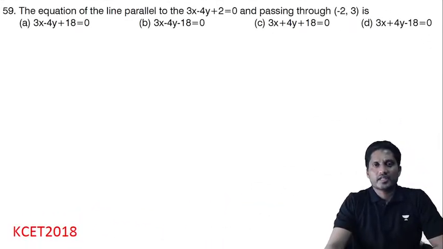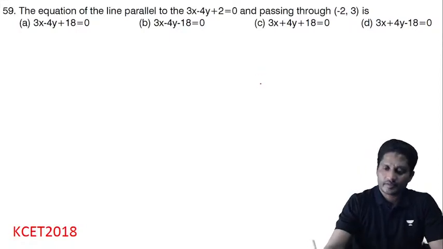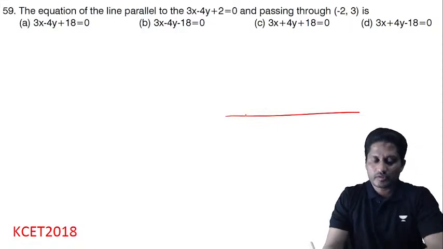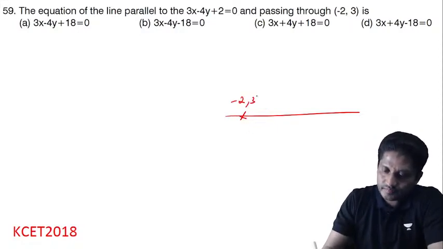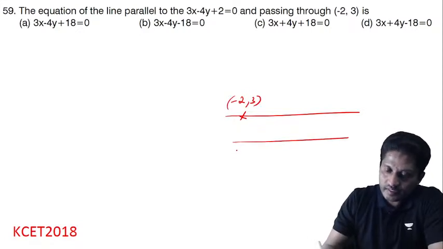I am supposed to find the equation of a line passing through the point minus 2, 3, parallel to the line 3x minus 4y plus 2 is equal to 0. Slope of this is minus a by b, which is 3 by 4. Here the slope is 3 by 4.